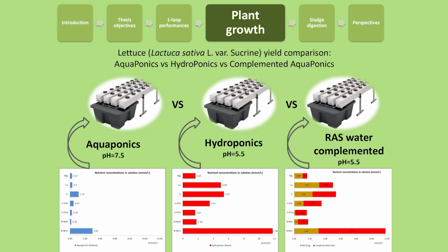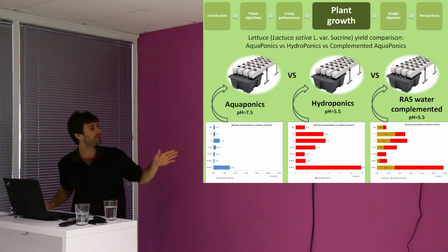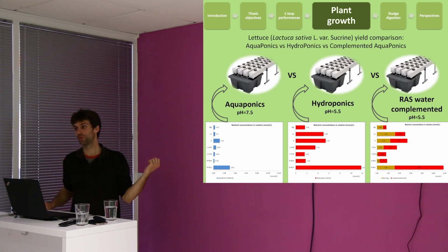We wanted to compare the growth of lettuce in controlled conditions with an aquaponic solution, a hydroponic solution, and a third treatment which we called RAS water complemented. For aquaponics, we created the concentration found in the literature from Rakosi.